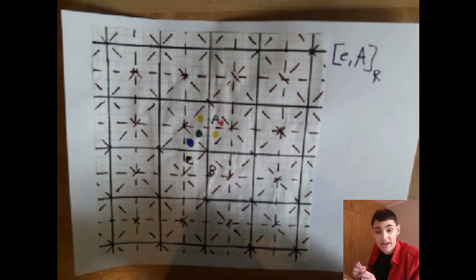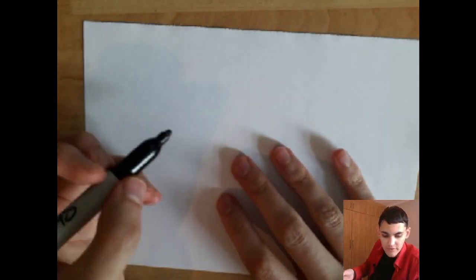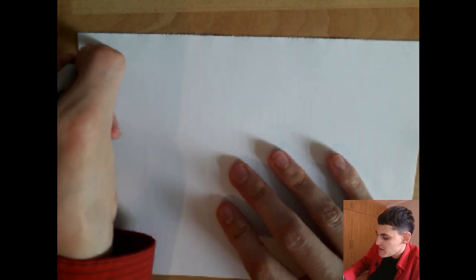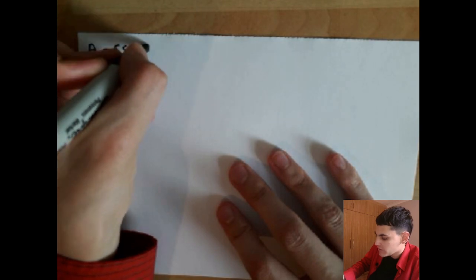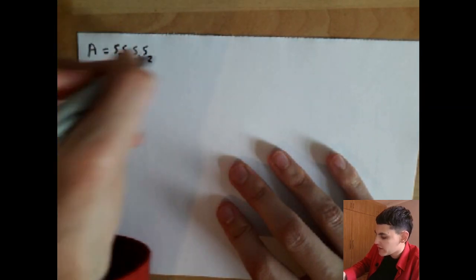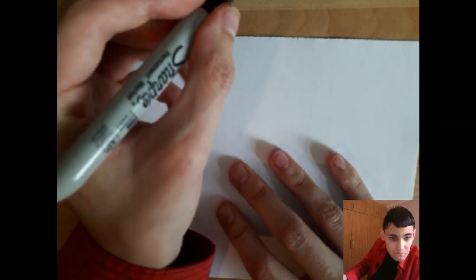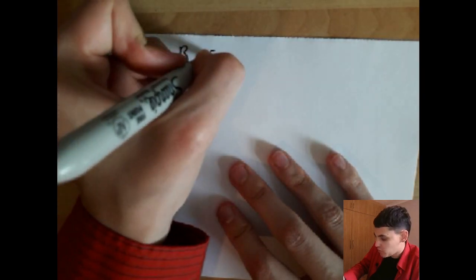And combinatorially, first of all, we'll put A equals S3, S2, S1, S2. B equals S2, S1.